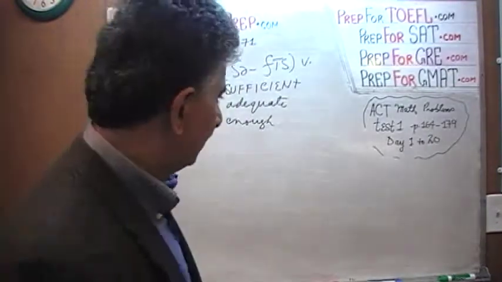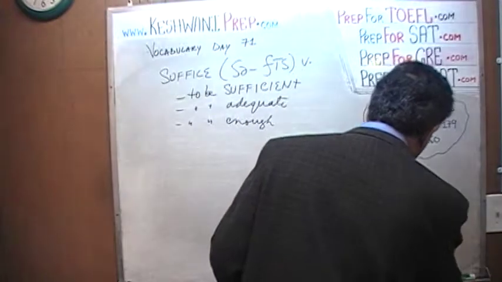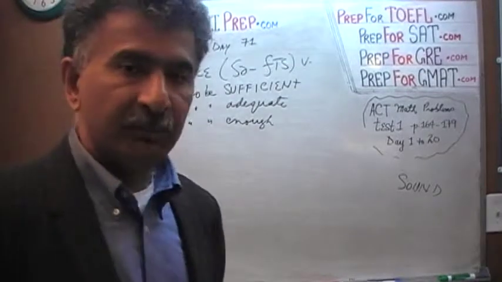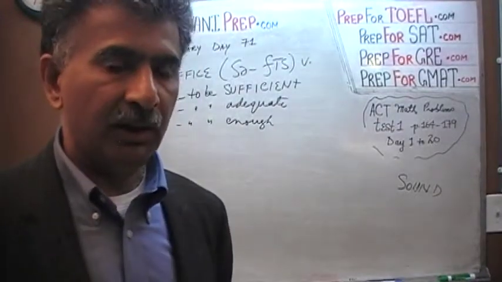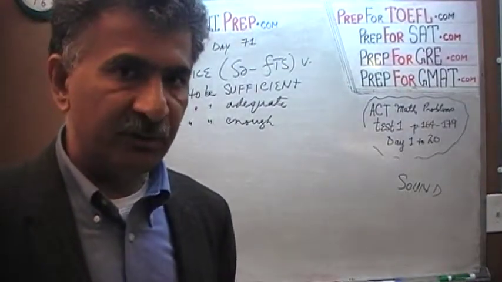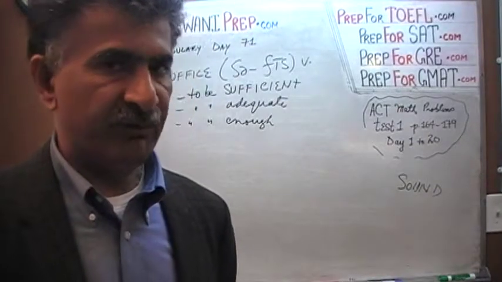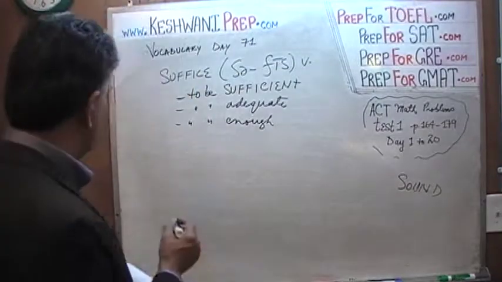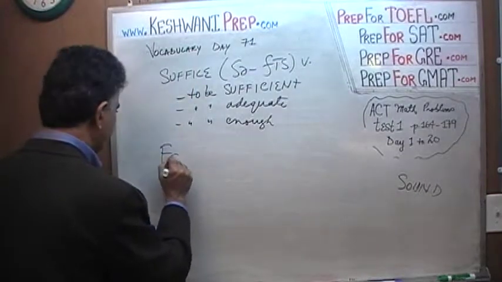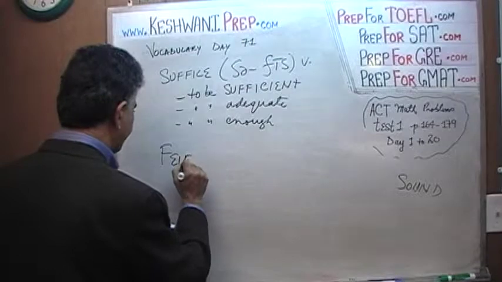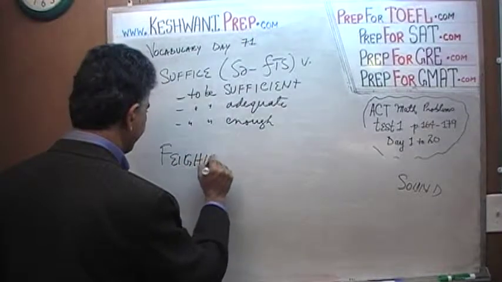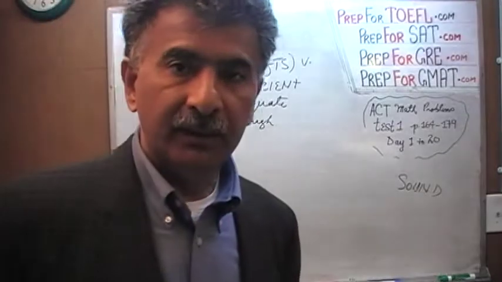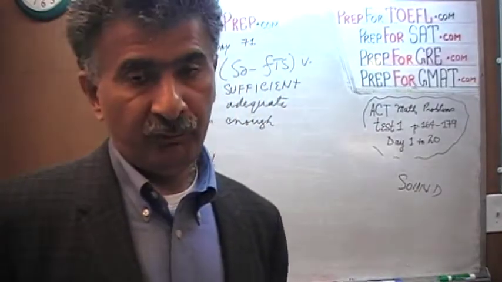We use this word sound, which in this context means to be very firm and very healthy. They pretended to be in a very sound state, and they put out these financial statements. Suffice it to say that they were not quite as sound as they feigned, because now we know that it was all fraud.